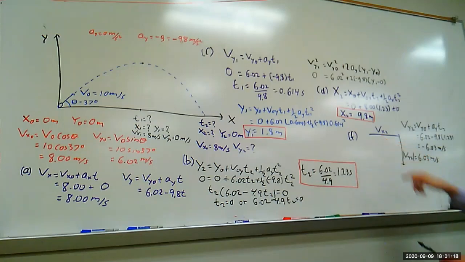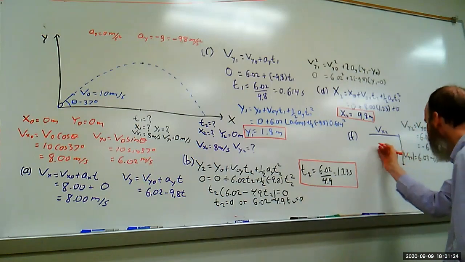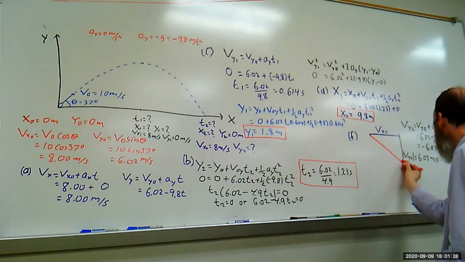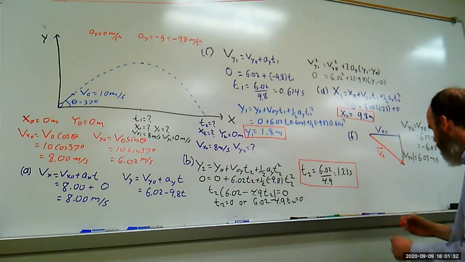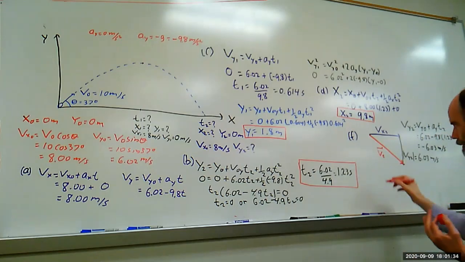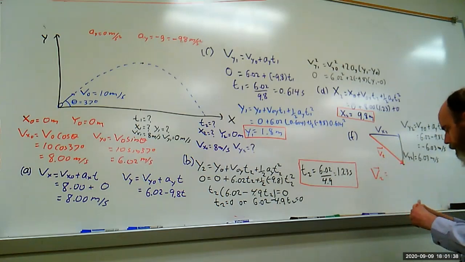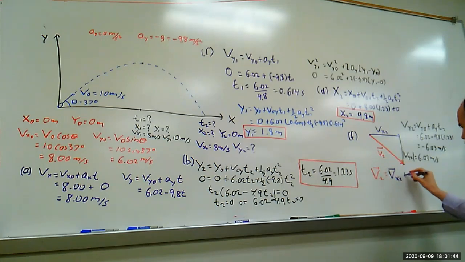So we add these two together and we get the total velocity, or the net velocity, or just the velocity. Right here. This is V2. And we have two components here. So V2 equals Vx2, a vector, plus Vy2, another vector.